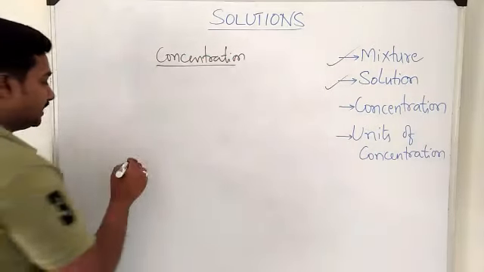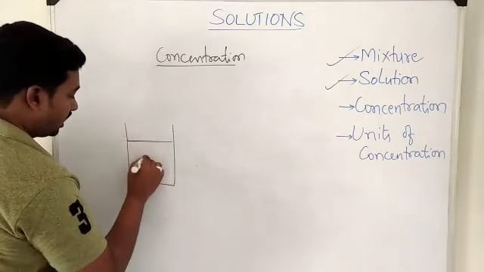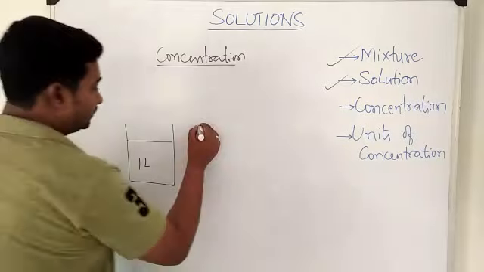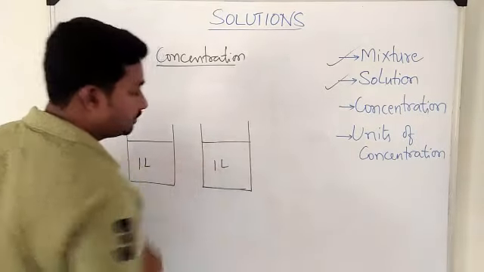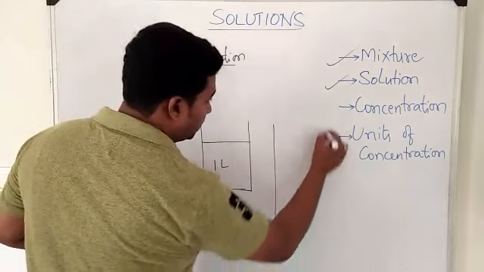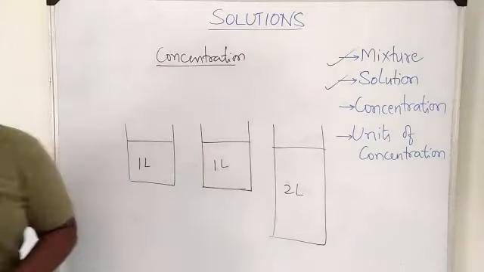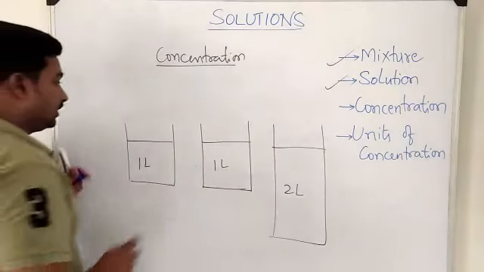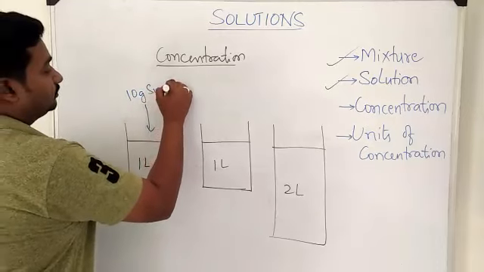To understand this better, I will consider 3 different systems where I have 1 liter water in a beaker and again I have 1 liter water in another beaker and I have one more beaker a little bigger which has 2 liter water. To these systems, in first case I am adding 10 gram sugar.